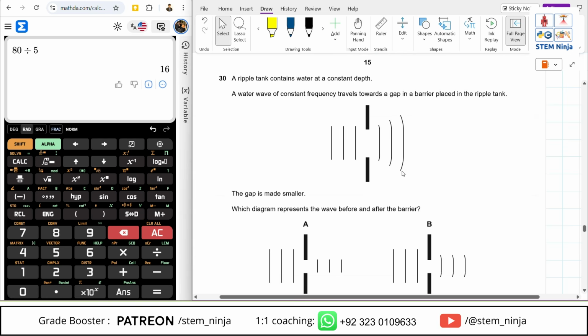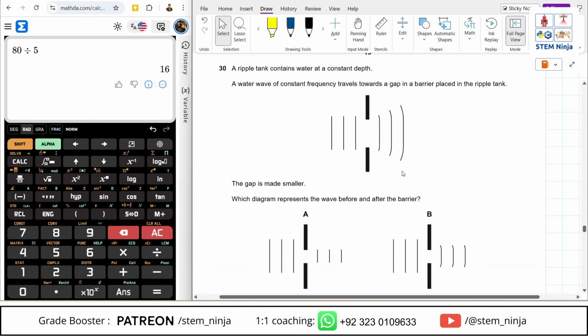Okay. A ripple tank contains water at a constant depth. The water wave of constant frequency travels towards a gap in a barrier placed in the ripple tank. The gap is made smaller. Which diagram represents the wave before and after the barrier?